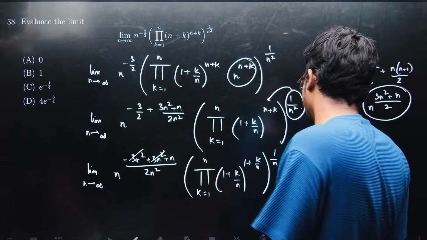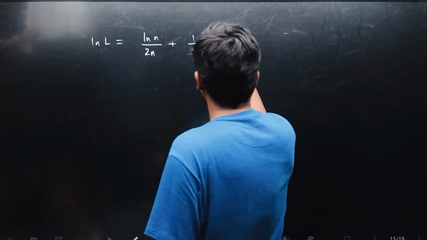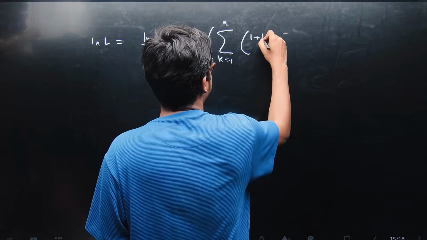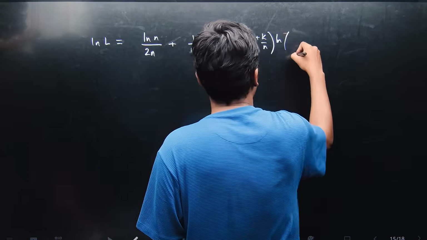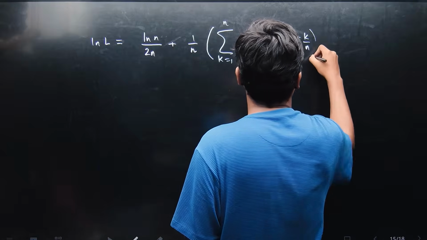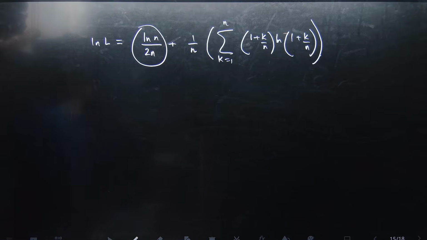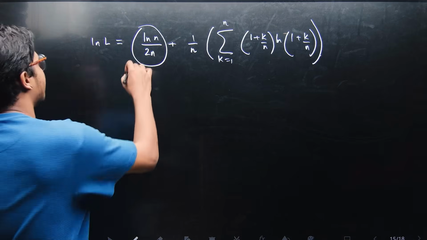What will I get from here? Summation of k equal to 1 to n, 1 plus k by n, log of 1 plus k by n, right? Now this quantity we know obviously will go to 0, right? You can use L'Hopital, you can simply do this, ln x by x goes to 0, right? So this quantity will go to 0.